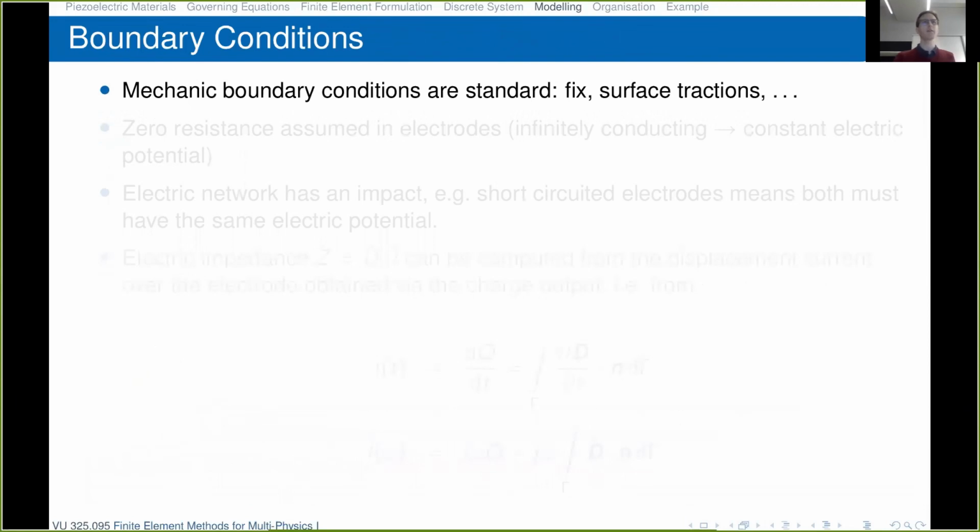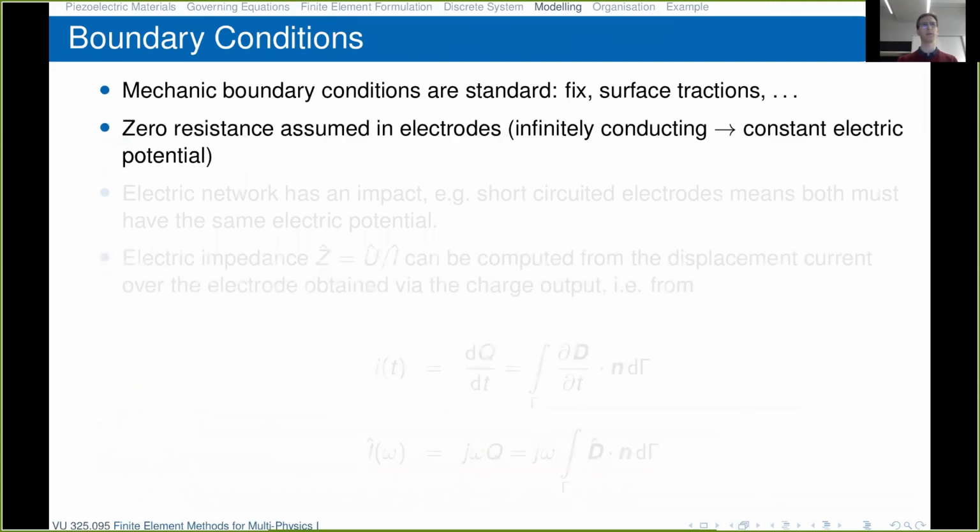As boundary conditions, we also have the standard mechanical boundary conditions. These are standard, so we have fixed or surface tractions and so forth. We have the electrostatic boundary conditions, so zero resistance is usually assumed in the electrodes. So we apply a constant electric potential at the electrode surface.